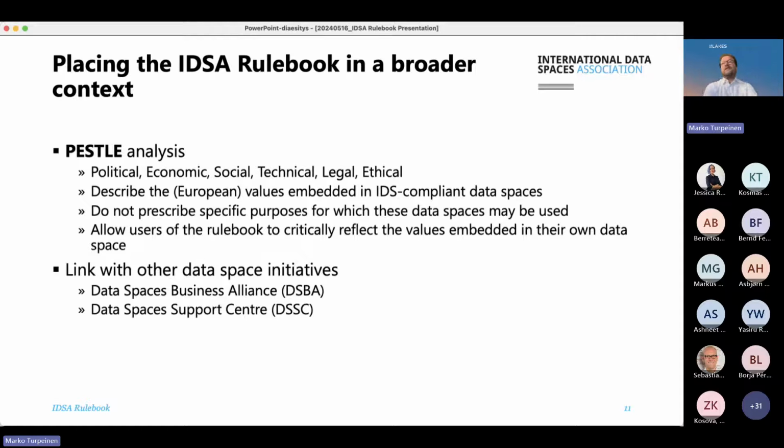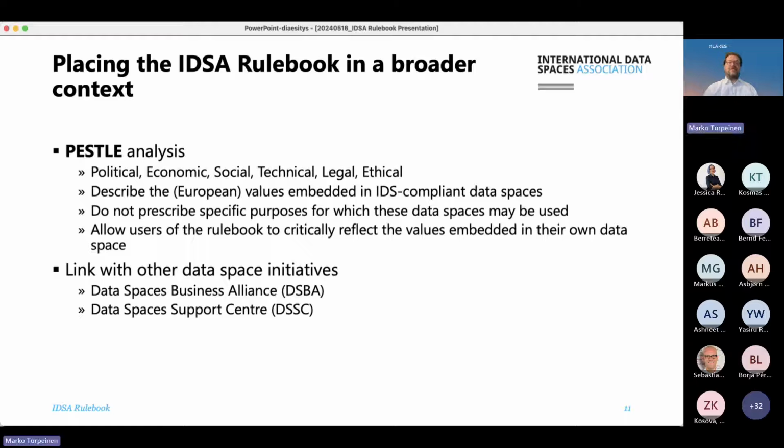There's some of this discussion, not much actually in the rulebook, but in the beginning, so we put it in that framework. But the whole document is obviously meant to be globally usable and acceptable, something that the partners of IDSA, no matter where they come from, can subscribe to. But I think it's good to say out loud that in this value thinking, there is maybe a bit of a European take.